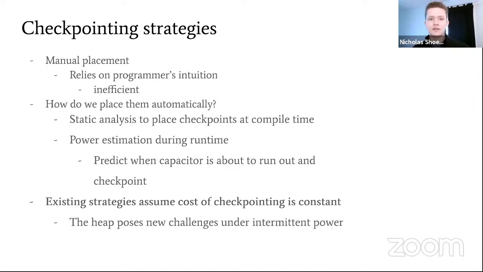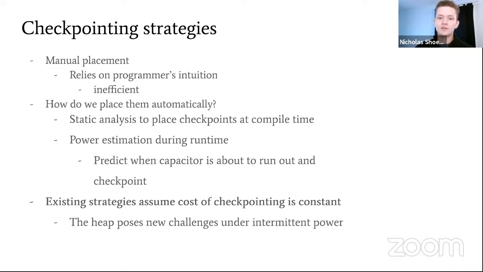Strategies exist that use both of these techniques, but the problem with existing strategies is that they assume the cost of checkpointing is approximately constant. The problem with assuming that is that when we add in dynamic memory allocation, which is what we're interested in, the memory usage of our program is constantly fluctuating because we have lots of allocations and deallocations happening all the time.